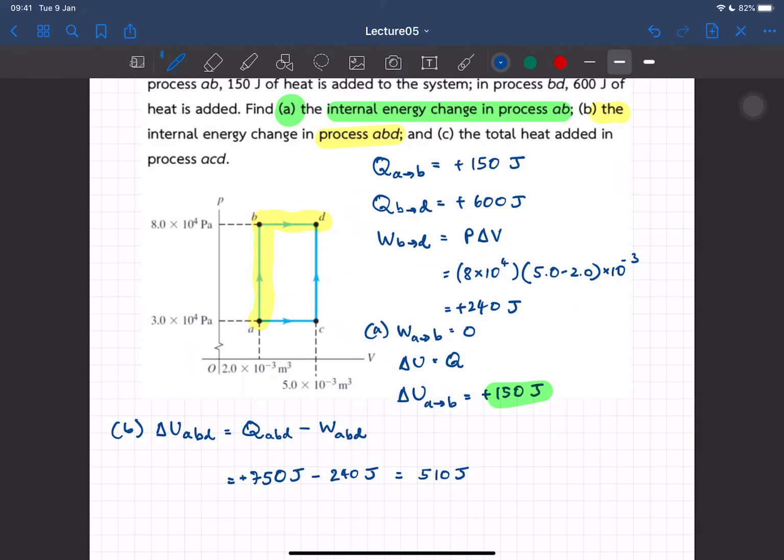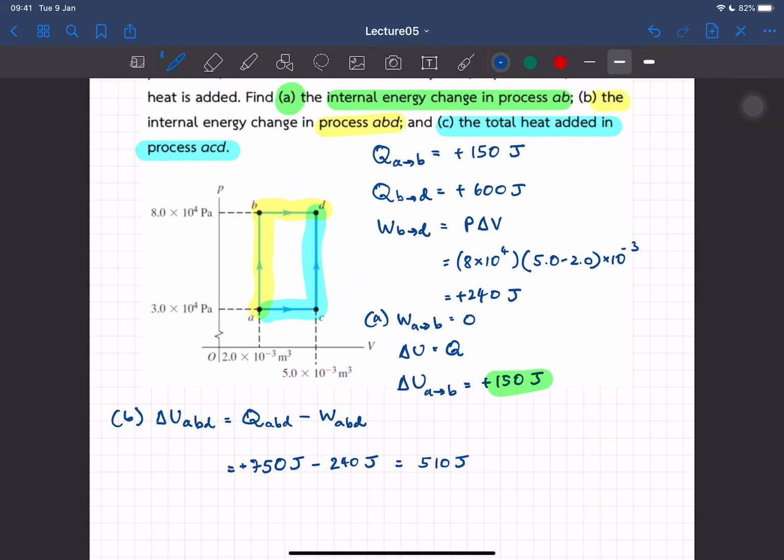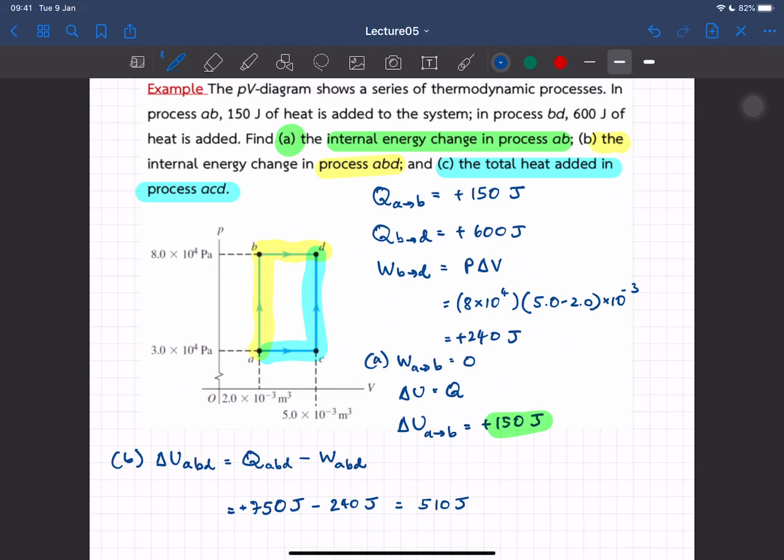And then the last one is actually the most interesting one. The last one is the total heat added in the process ACD. So it's the bottom process here, ACD, right? So what's the heat added? Well, it's more interesting because heat added was given in the previous problem for A and B. So now you're asked to calculate it, so you have to think a little bit about how we can use the information that we have earlier.